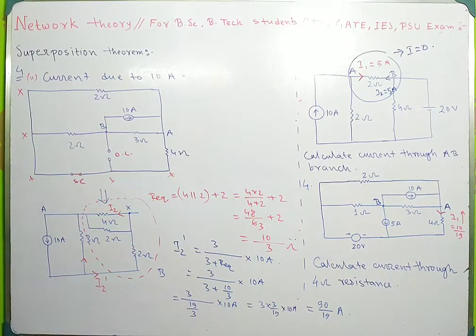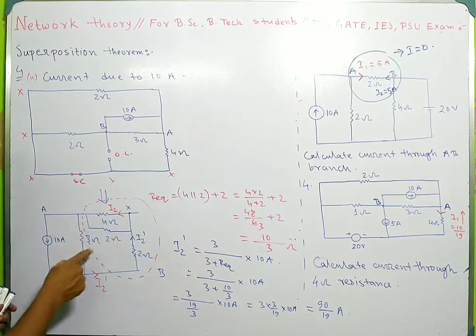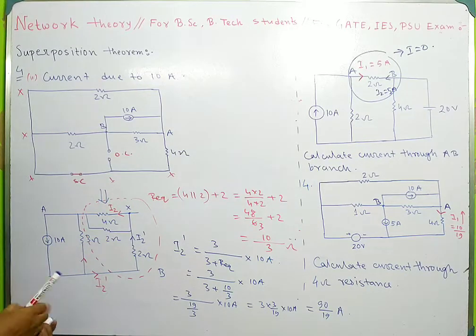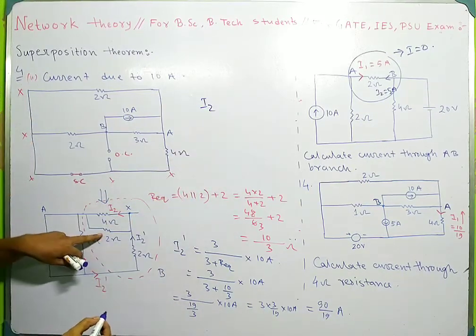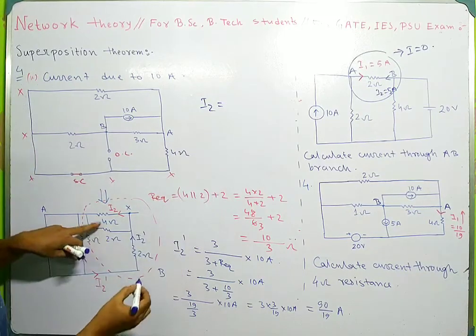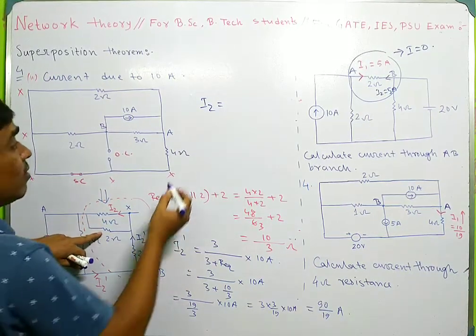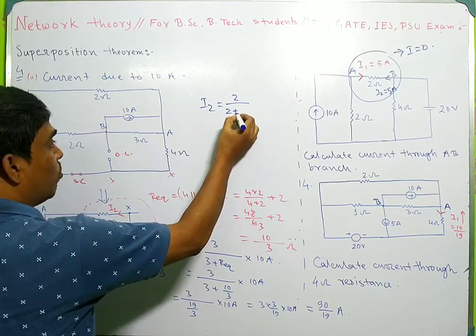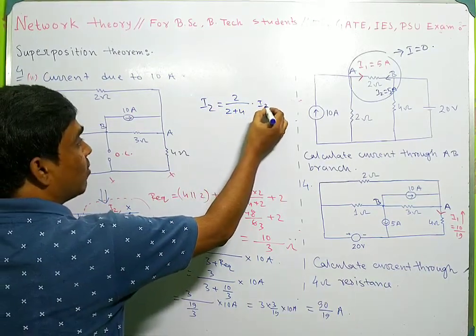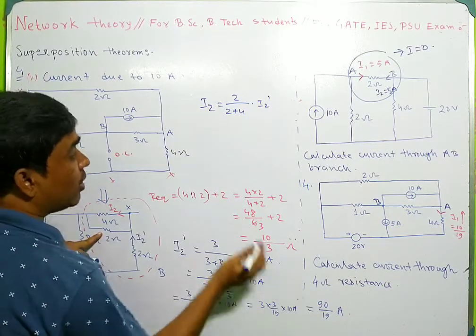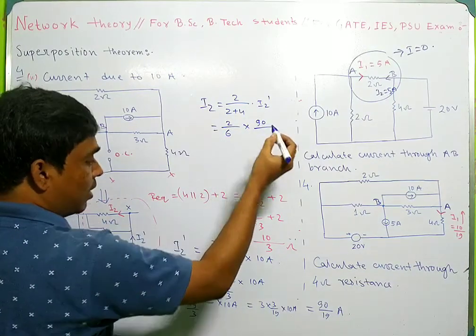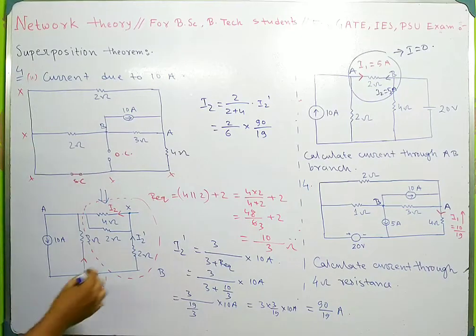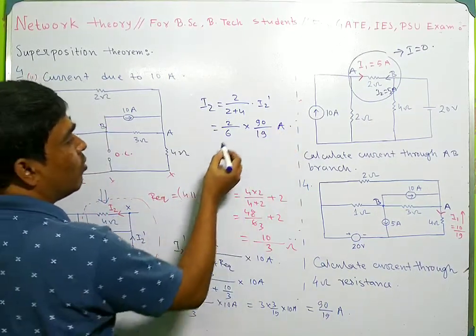This I2 dash is divided into two paths, this path and this path. This I2 can be calculated by the current division rule. So what will be the current through the 4 ohm resistance? It will be 2 divided by 2 plus 4, into I2 dash, so 2 by 6 into 90 by 19.